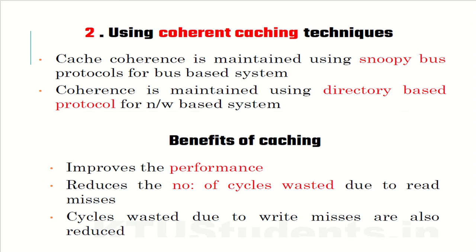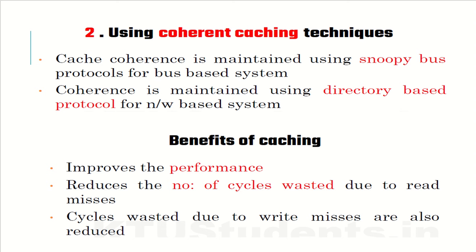If the underlying network is a bus based system, then we go for the Snoopy bus based cache coherence mechanism, which uses write update, write invalidate, Goodman's write once protocol, etc. If it is a network based system, we go for a directory based protocol, where it is maintained using full map directory, such kind of mechanisms.